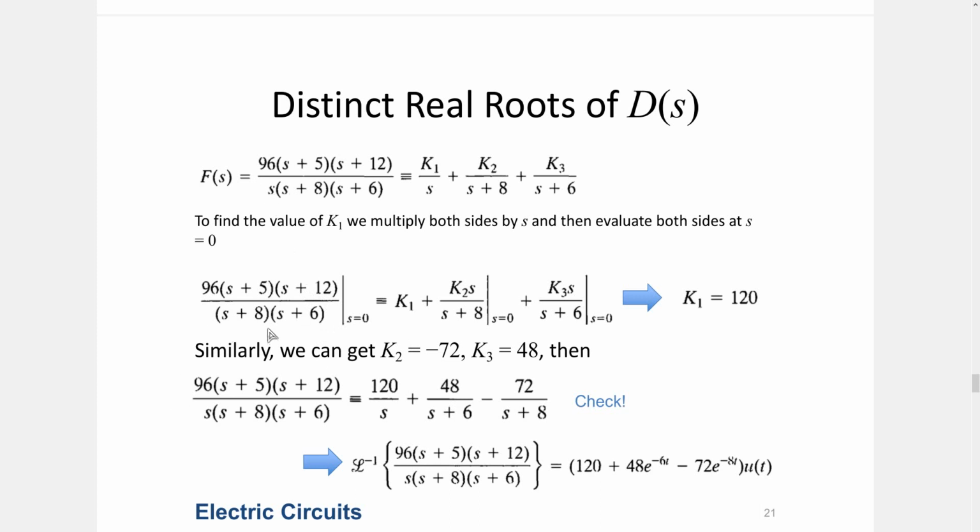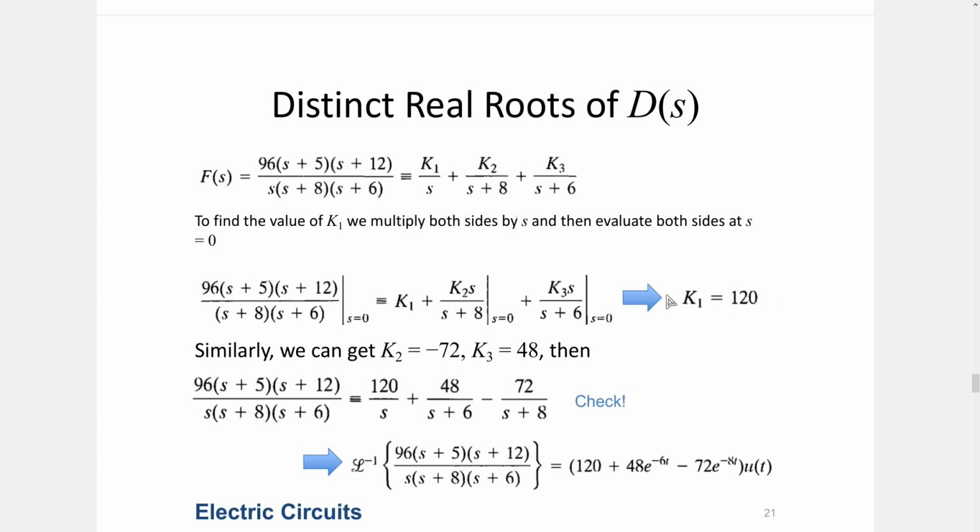Then I substituted 0 into the left-hand side and the right-hand side at the same time. So I get rid of this term, also this term, and if you substitute 0 and do the number crunching, you end up with k1 equals 120. As you can see, we have directly found k1. Great.